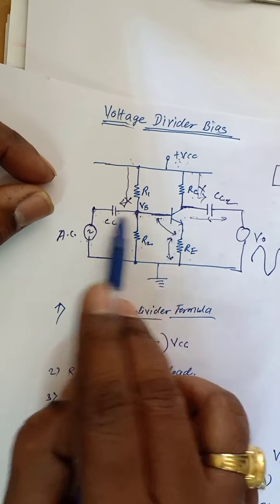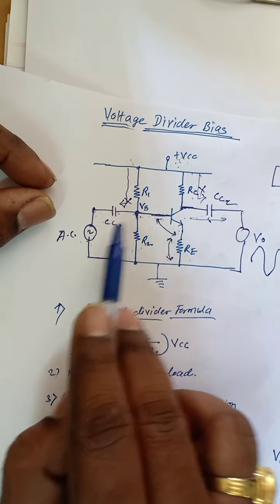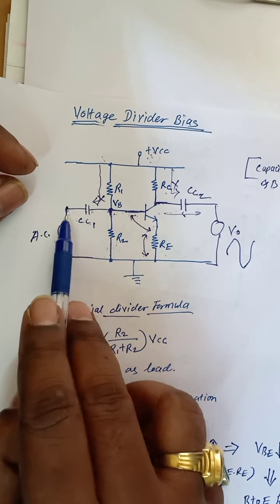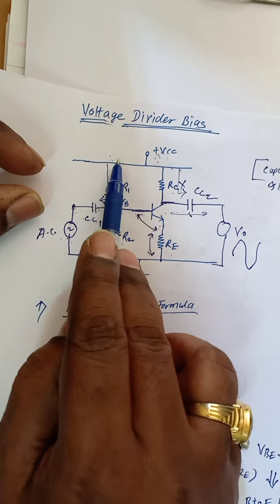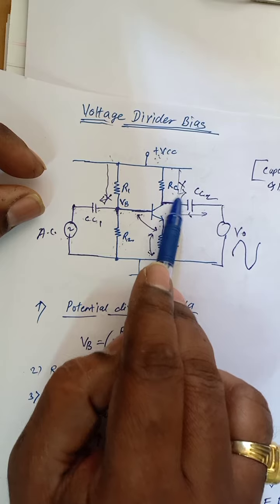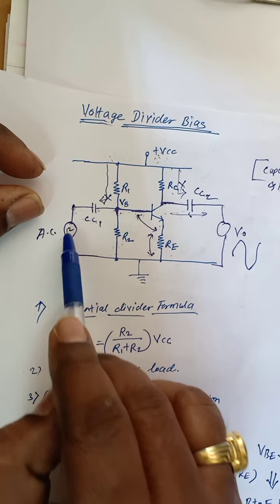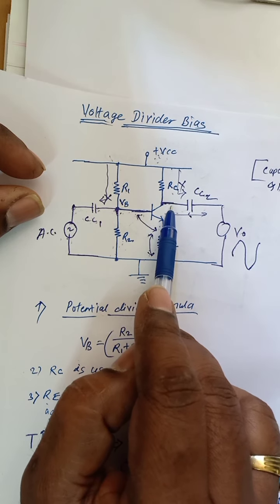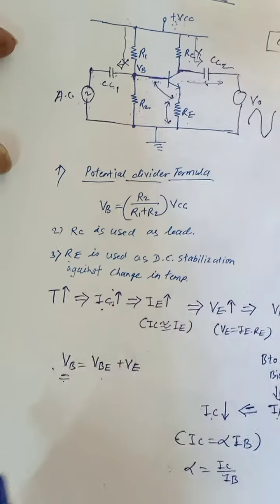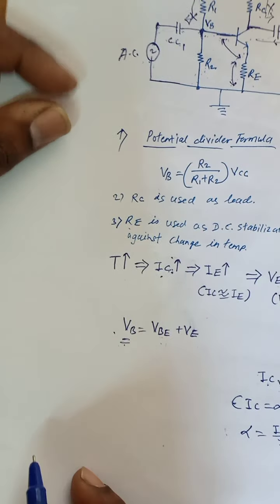So the use of these two coupling capacitors is the same: they only pass AC and block DC. DC is blocked, and only AC passes to the input, and here only AC passes to the output. So this is the use of the coupling capacitor.